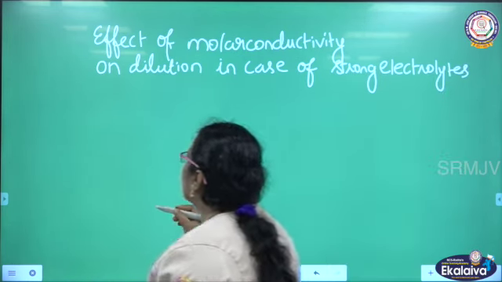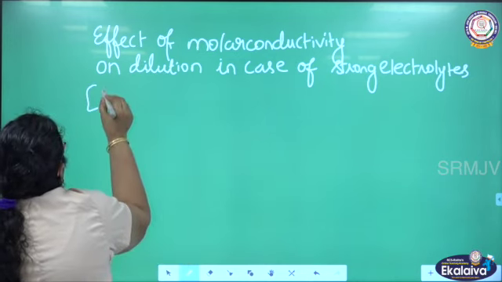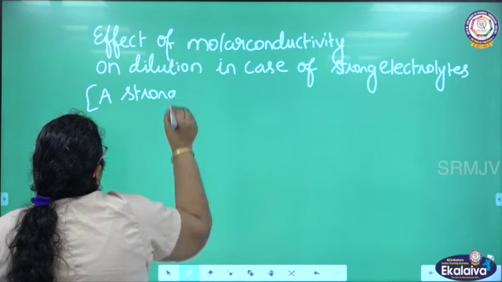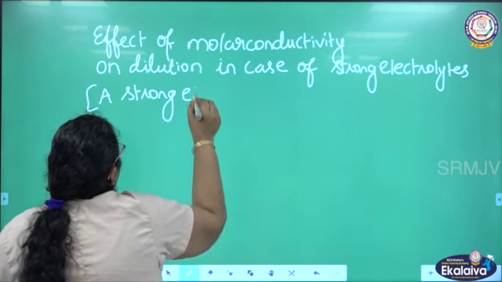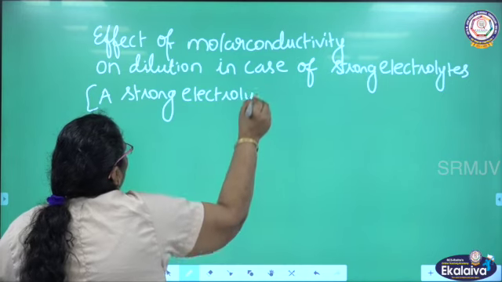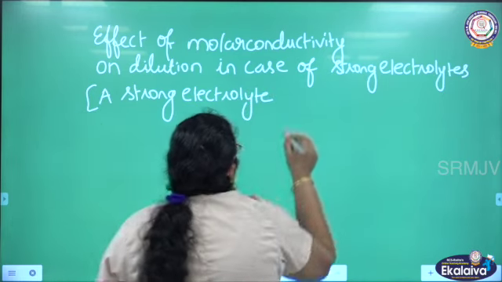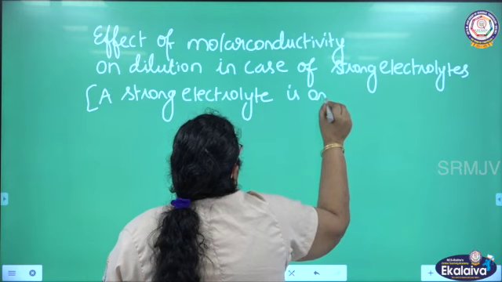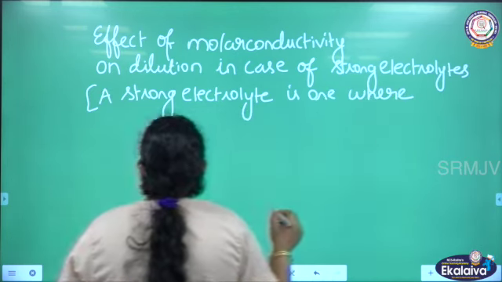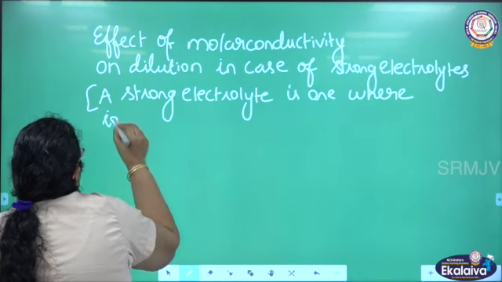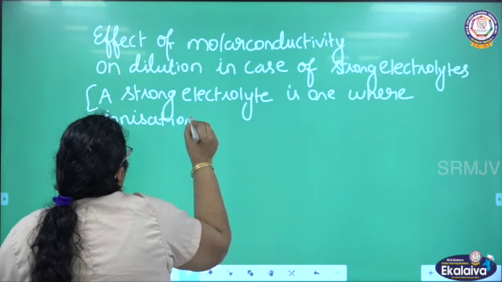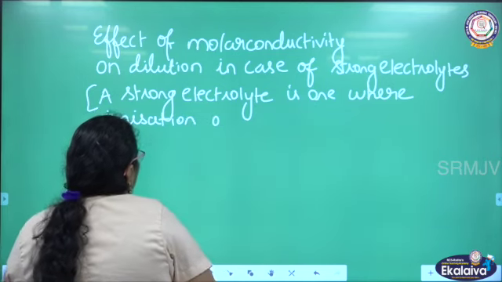What is a strong electrolyte? A strong electrolyte is one where ionization is complete.